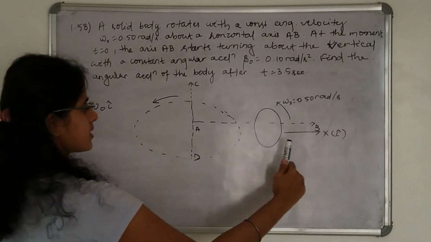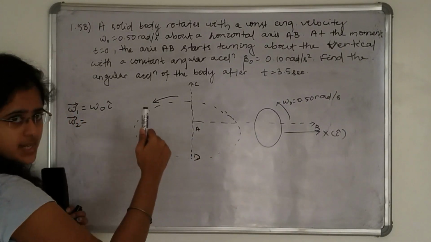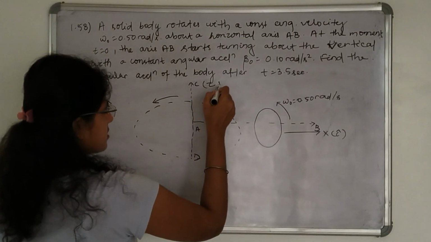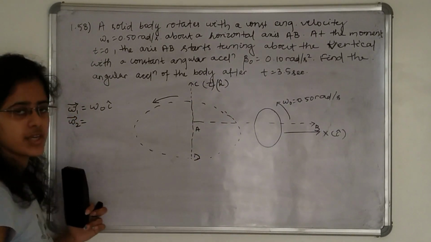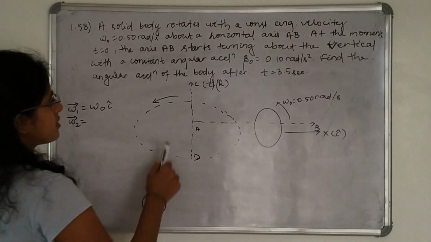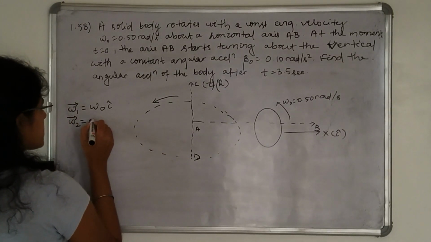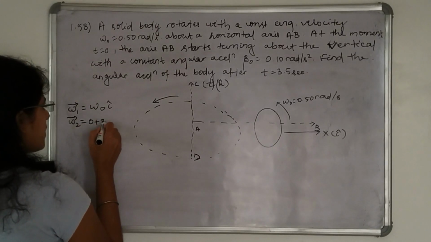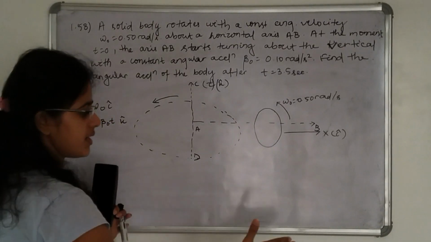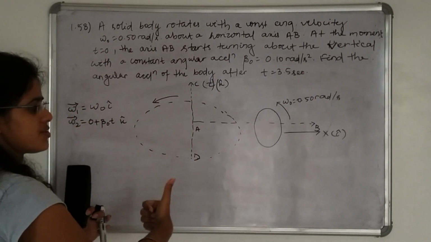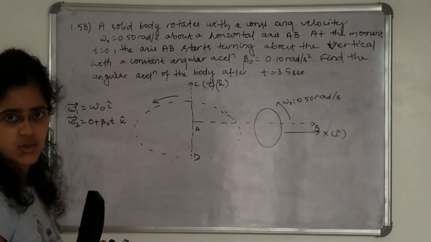In this manner it is rotating along the vertical axis. Consider it is z axis, that is k cap is the unit vector along z axis. So this will be how much? Initial angular velocity is 0 plus beta naught into t k cap. As this is rotating in xy plane, the direction is K cap direction.